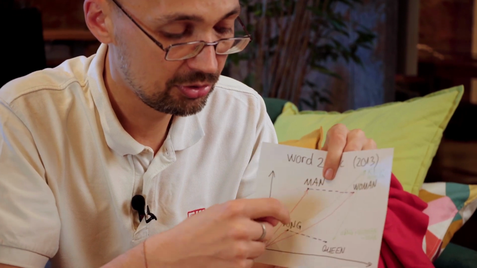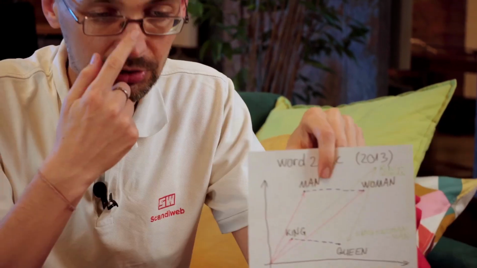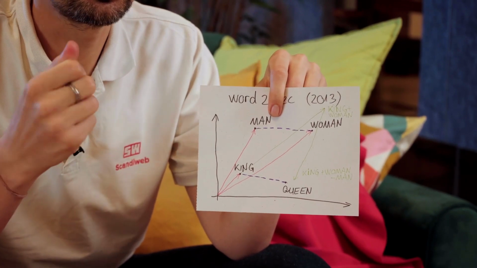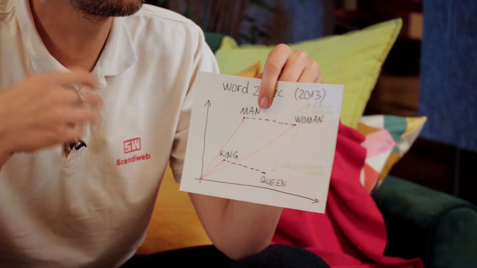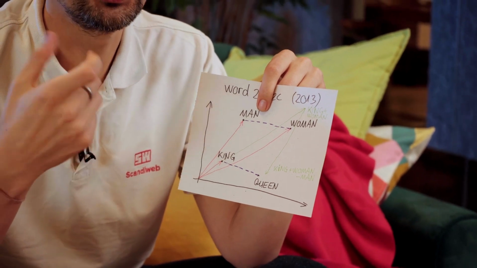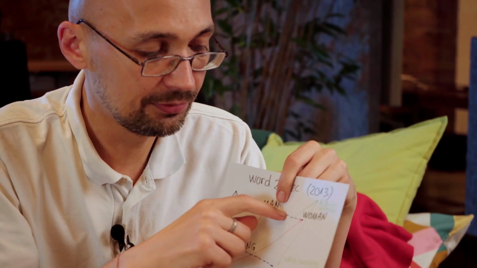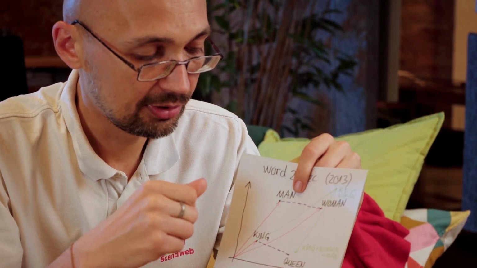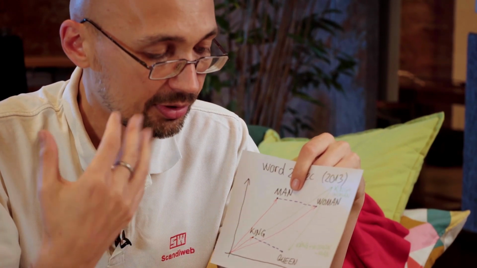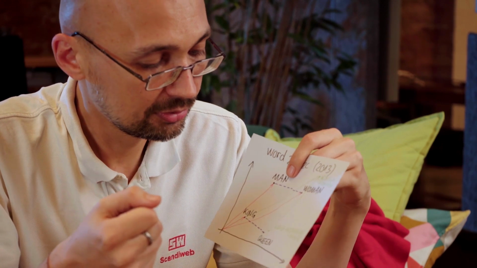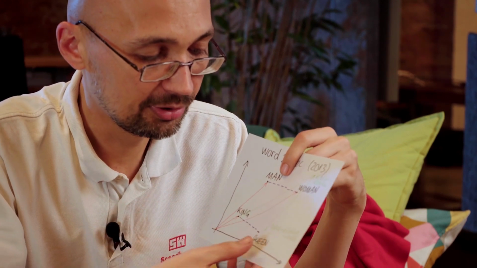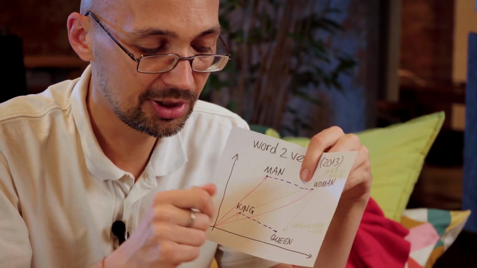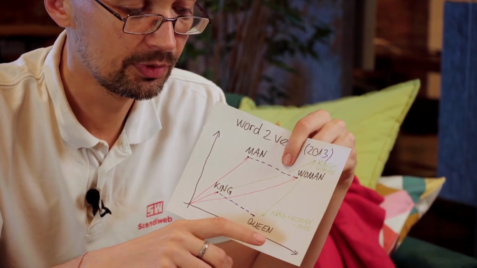So these two blue dashed lines are almost parallel and almost equal in length. If we have this collinearity, then we don't have to be surprised that king plus woman minus man is approximately equal to queen.